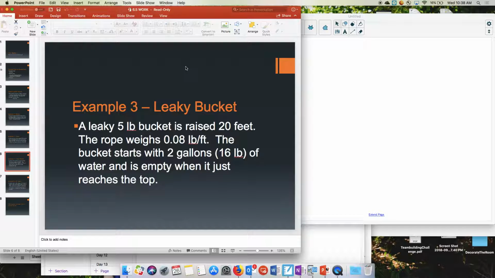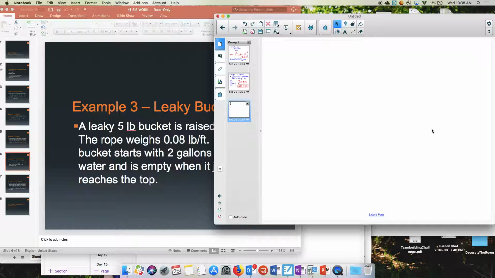I disagree that the rope doesn't change. Kind of like our chain. The rope and the water change at the same rate. Well, as the water decreases, the rope will also take less force.